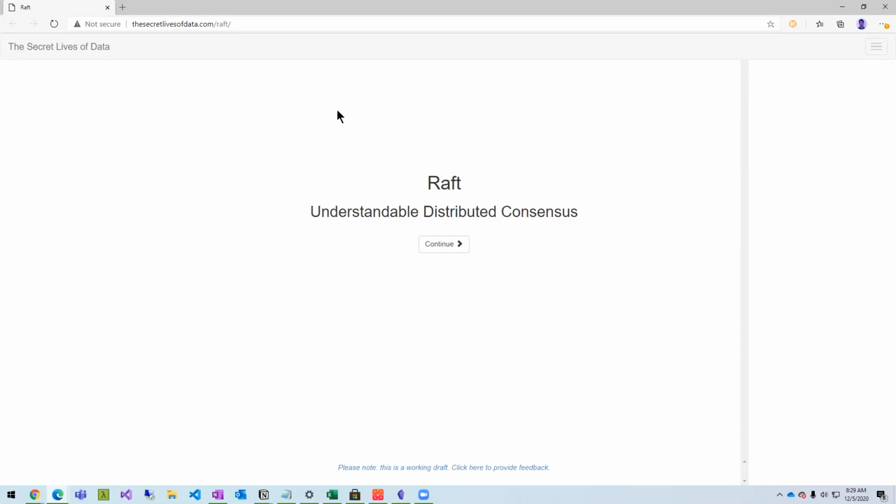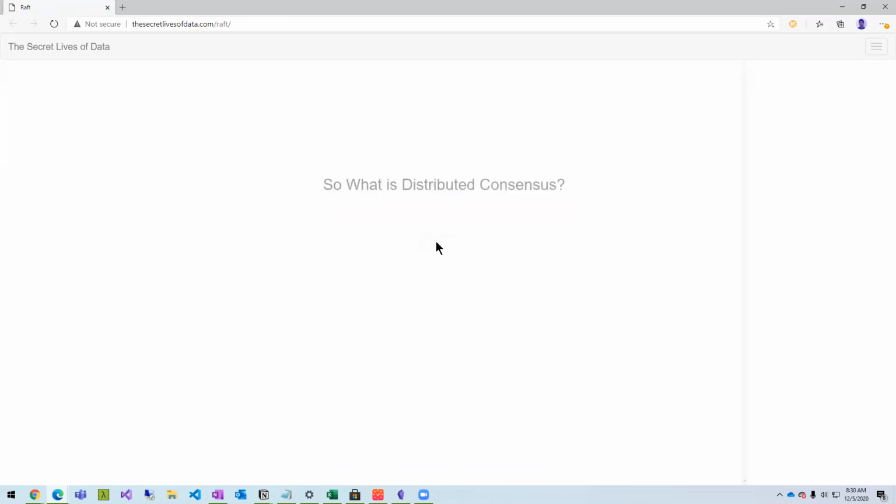So have you guys seen this Secret Lives of Data Raft animation? This is really good. I think it was shown in one of the presentations before, but just to revise ourselves, let's go over this, and then we can discuss what has been discussed in the book. Okay, so let's go over.